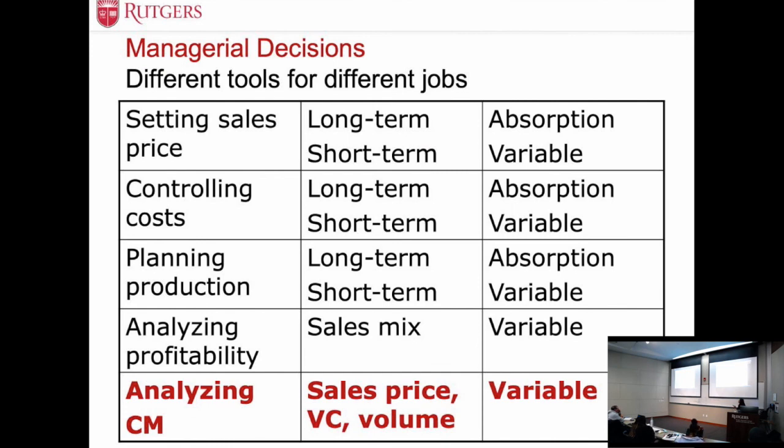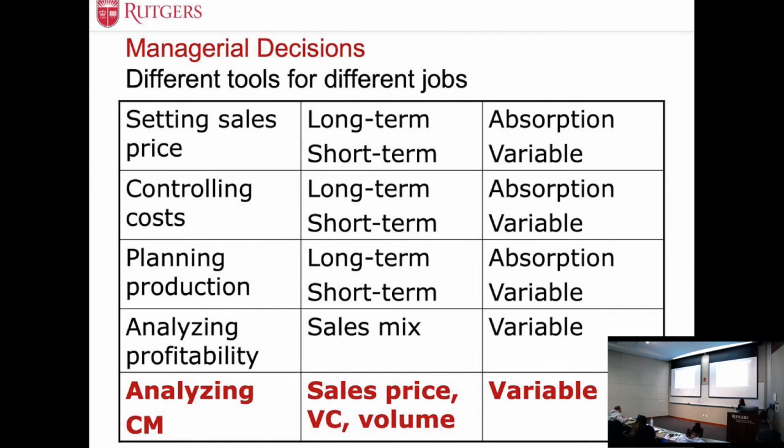So if you are making a long-term decision, let's say you want to control the costs for the next 2 years, in this case some fixed overhead costs, for example the rent, can be controlled by you, because you may need to sign a new contract, and that will impact your fixed overhead.